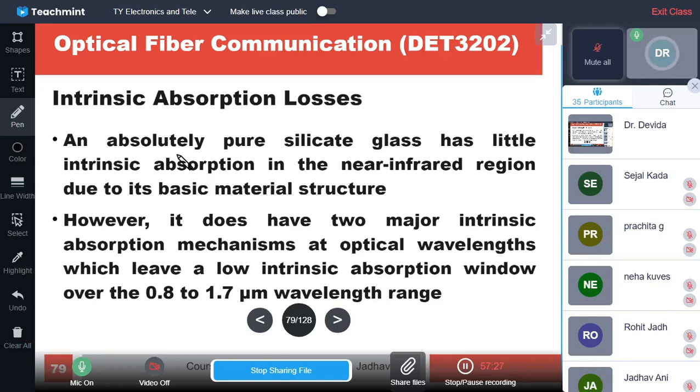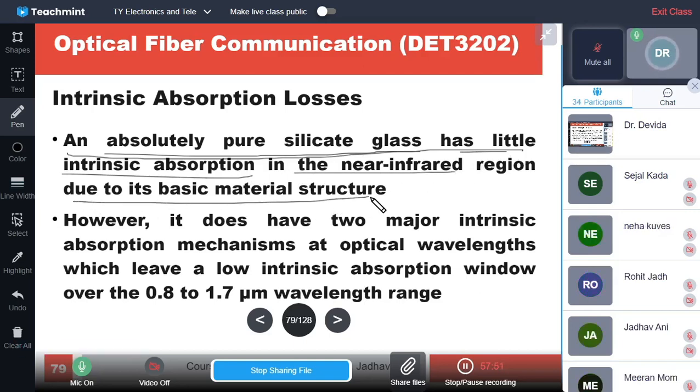Then what are intrinsic absorption losses? An absolutely pure silicate glass has very small intrinsic absorption. Absolutely pure silicate glass has very little intrinsic absorption in the near infrared region due to its basic material structure. Why is this loss occurring? Loss is occurring because of photon absorption.